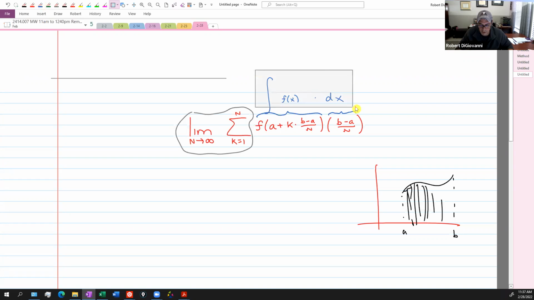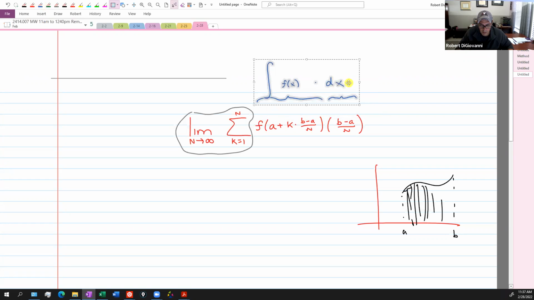I need to let you know that this function starts and stops at some point A and B. So I'm going to put an A here and a B here. That way you know I mean to only look between A and B. Now you know where the integral sign comes from.